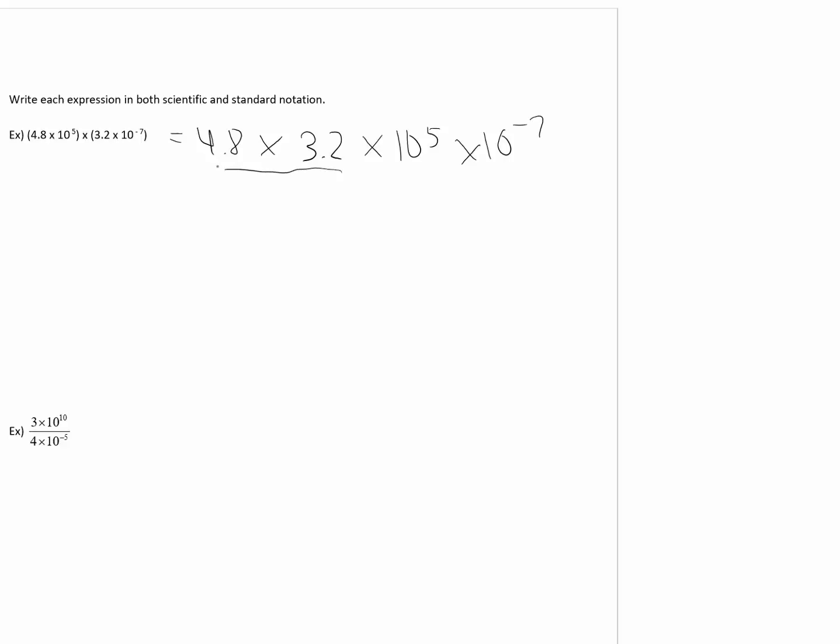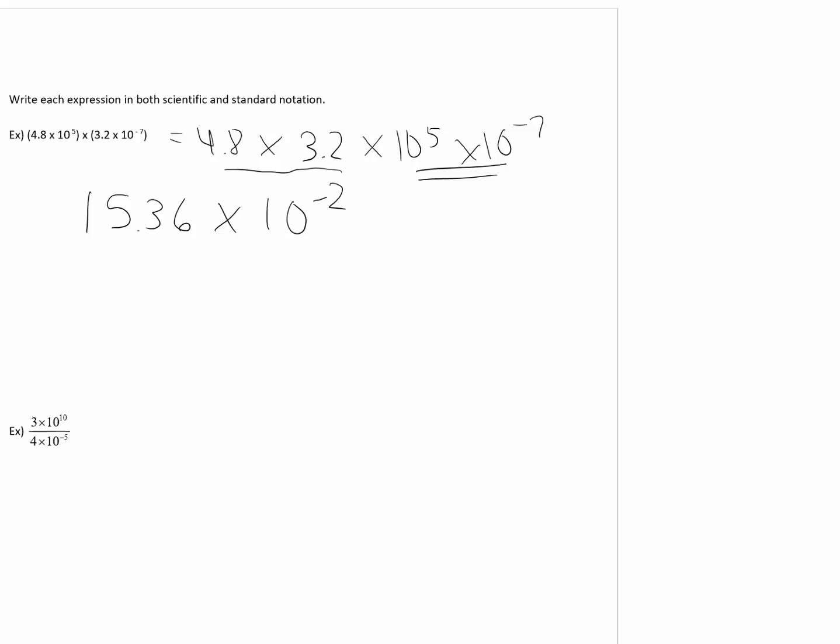Okay, so when I multiply 4.8 times 3.2, I get 15.36. When I multiply these, now remember these are exponents. The bases are the same, so when I multiply, I add the powers. So 5 plus a negative 7 is negative 2. That's 10 to the negative second.